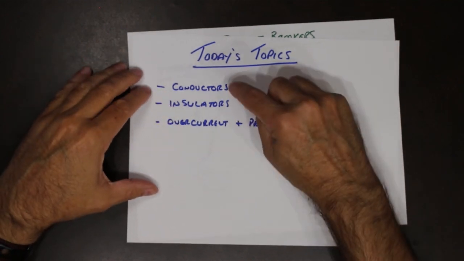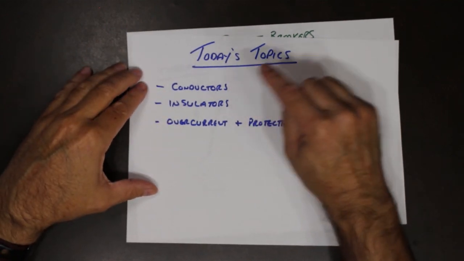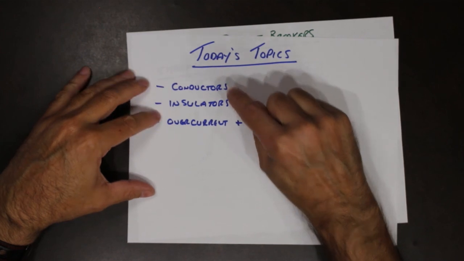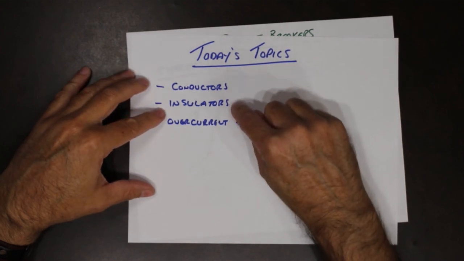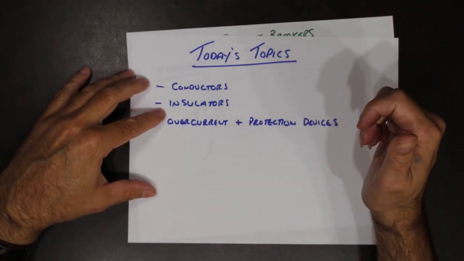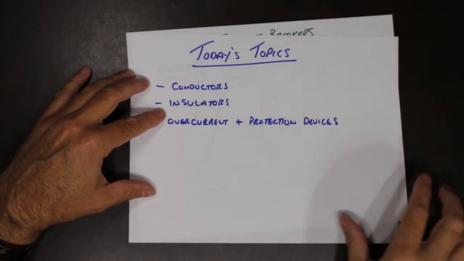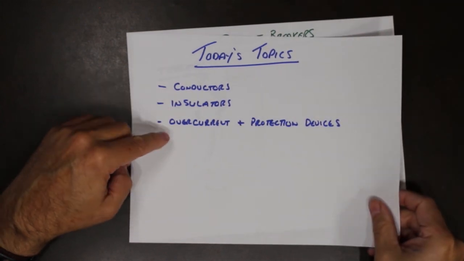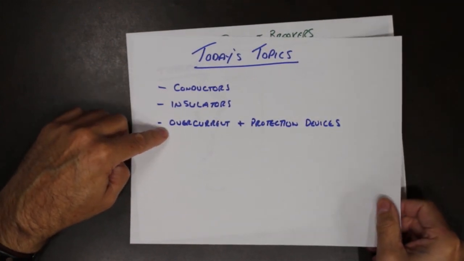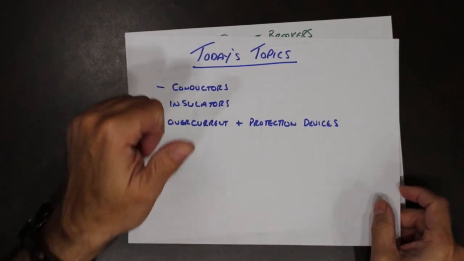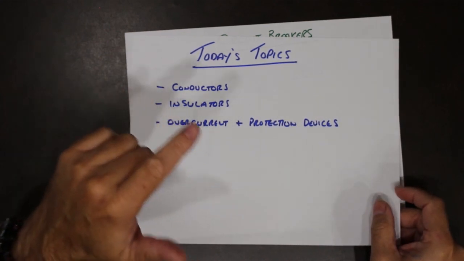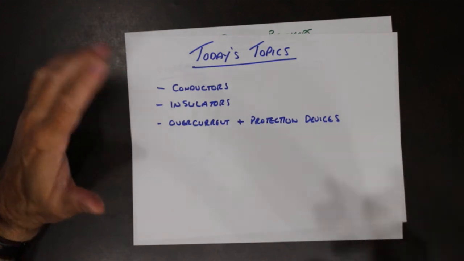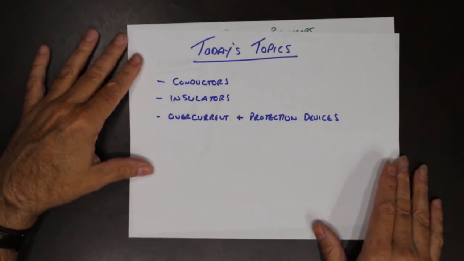We looked at the properties of conductors, American wire gauge ampacity, and we also looked at insulators. So we looked at things like dielectric and dielectric strength, and then overcurrent protection devices such as fuses and thermal and thermomagnetic and magnetic breakers.